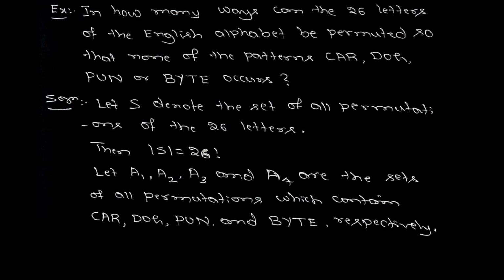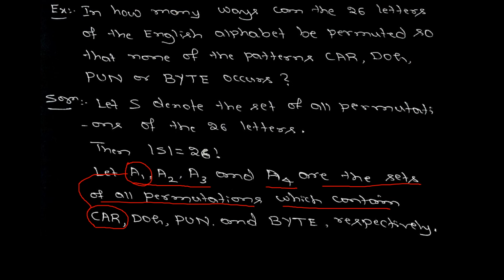Now, let A1, A2, A3 and A4 be the sets of all permutations which contain the given words. A1 is the set of all permutations which contain the word car, and A2 is the set of all arrangements which contain the word dog.